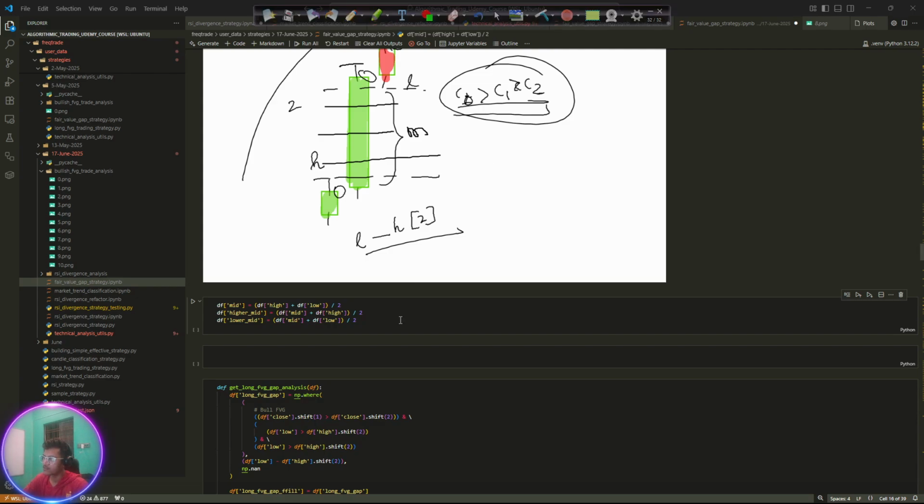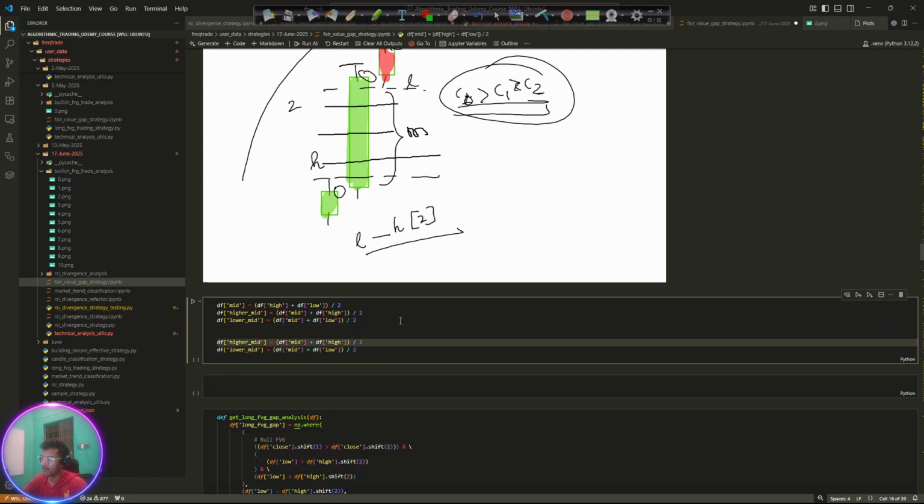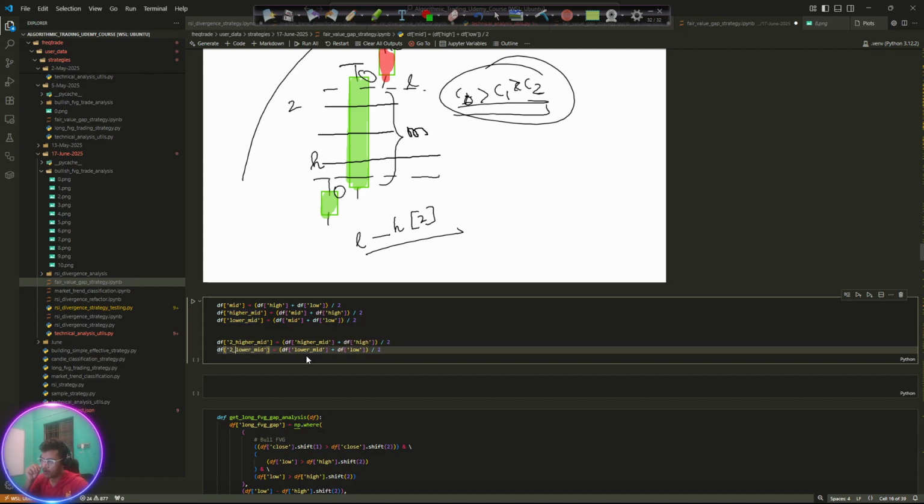Okay, so basically we're going to do higher mid plus high, lower mid plus high by two, and we're going to say two higher mid, two lower mid.